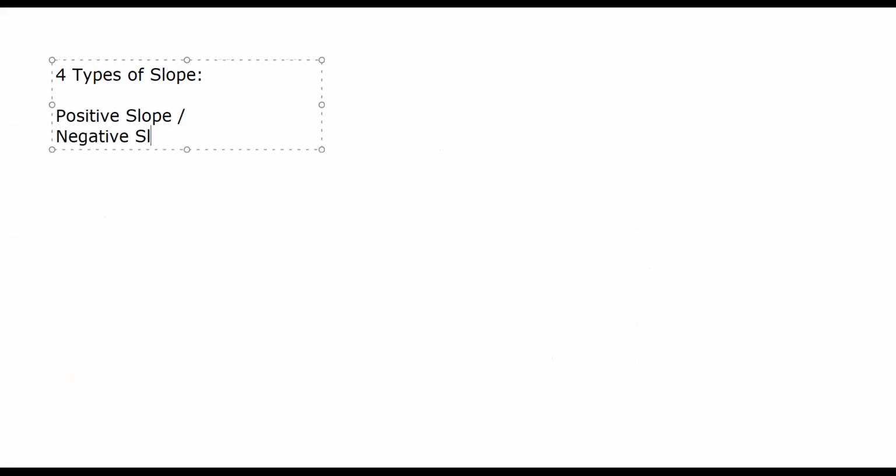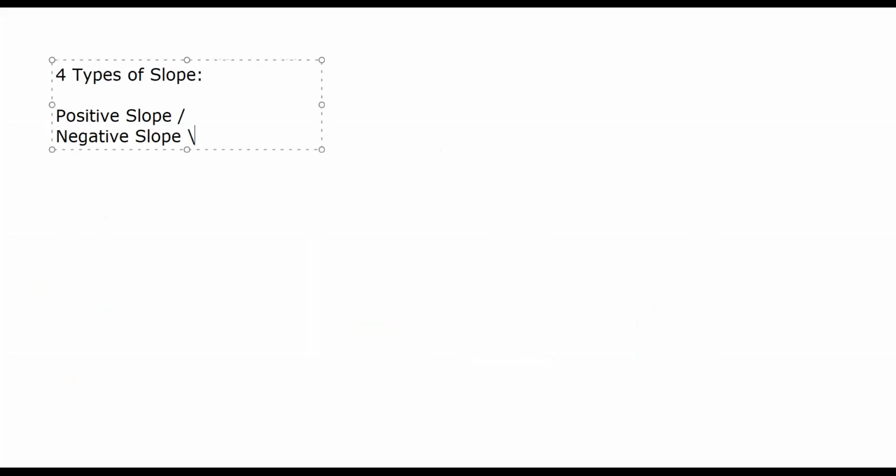Last time we talked about the 4 types of slope. I won't redraw them all. You could have positive slope, and that looked kind of like that, where as you go from left to right, it looks like you're going uphill. You can have negative slope, which is kind of like that.